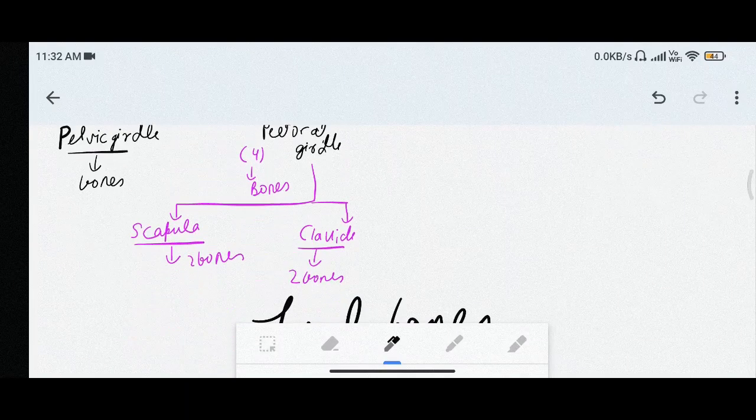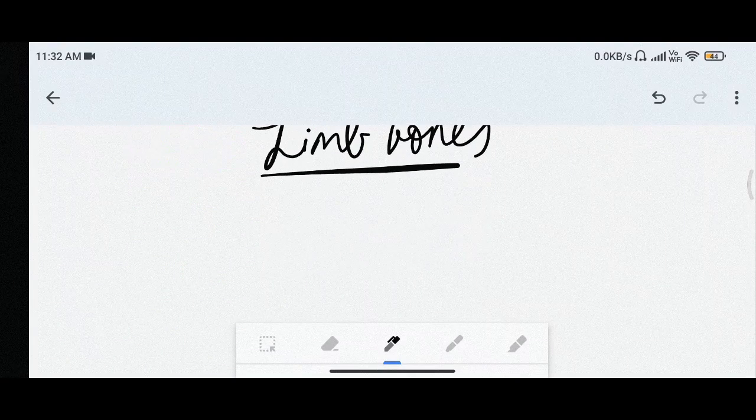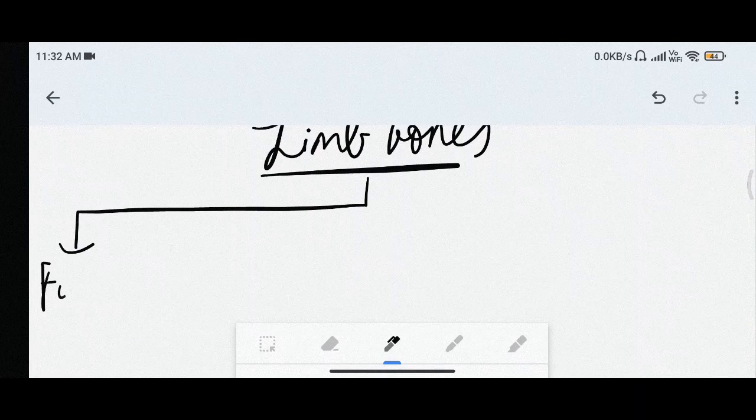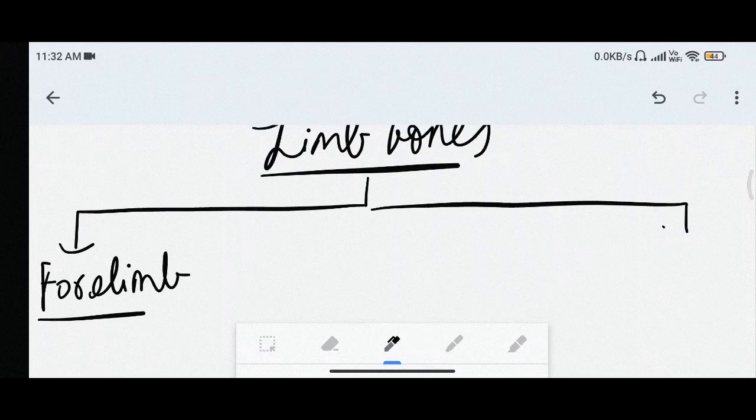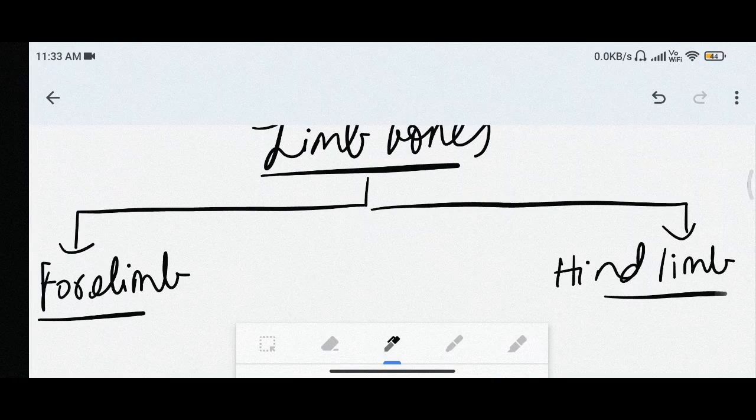Okay, and limb bones are further divided into two parts. One is your forelimb, the other part is your hind limb. So it is of 120 bones.